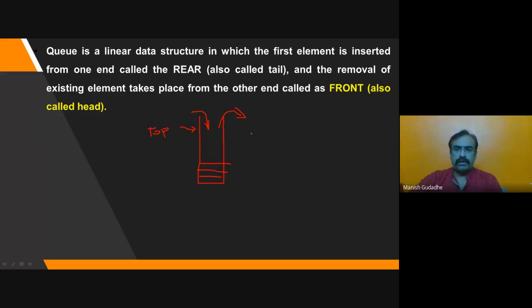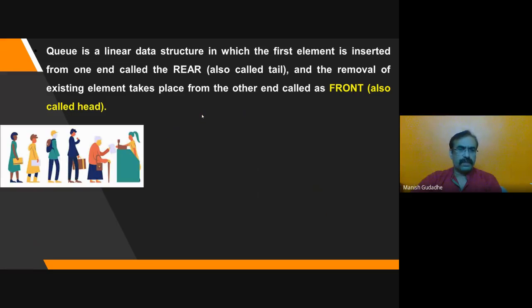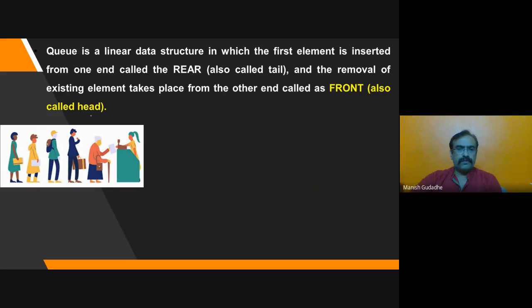So it's a simple analogy of queue which we are right now using. Just giving you a few examples, here is a queue of people at a counter, and one by one they are getting served. This is the first person who is standing in front, and this is the last person who is standing at the rearmost position, that is the last position. So the queue will proceed in this way.